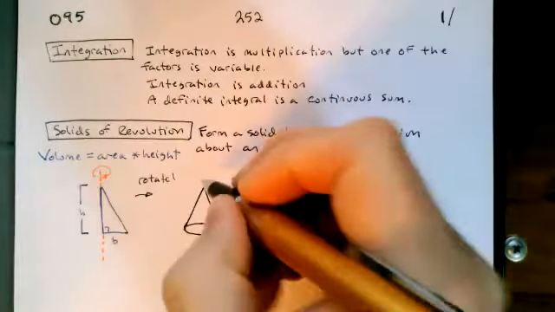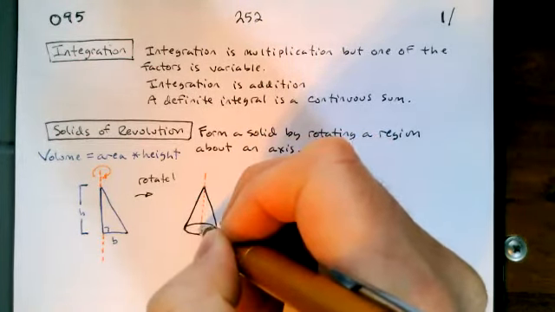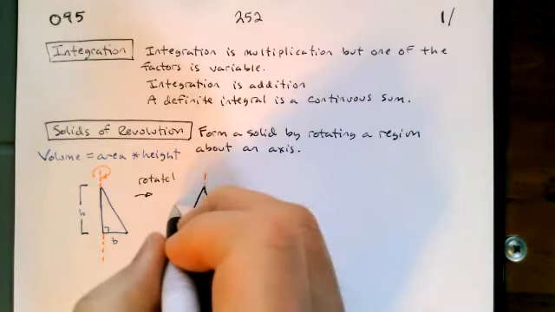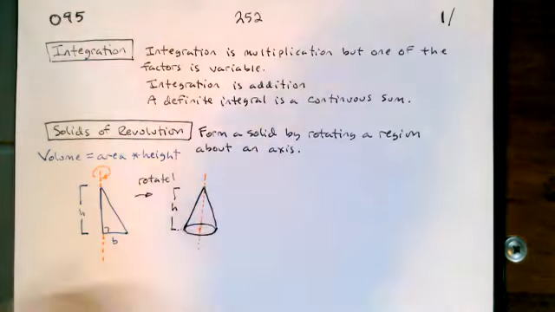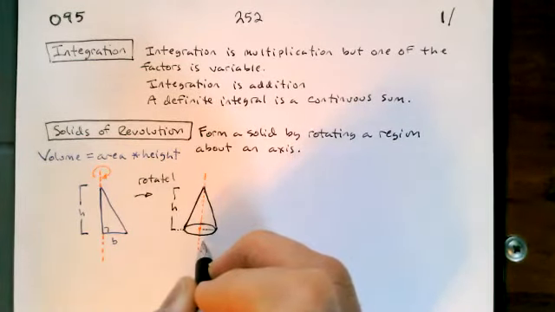The axis that we rotated would go right down through the center of the cone, hit the center of the circle, and come out the bottom. The height of this cone will still be h, and the radius of the cone will be the base of the original triangle.